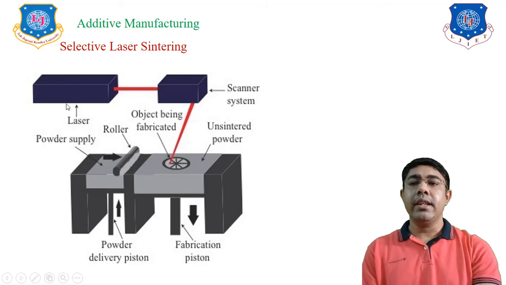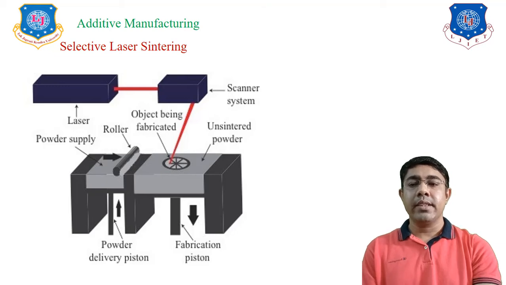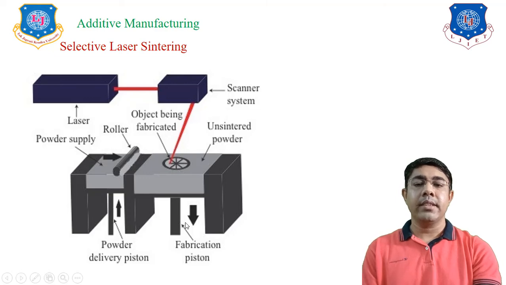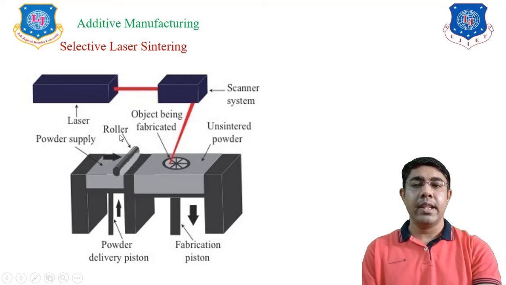component. And here a laser is used to sinter the powder particles. The powder delivery piston moves upward according to the layer thickness. Once the layer thickness is decided, or the slicing of the component is done according to the cross sectional thickness, the powder delivery system moves up, and the fabrication piston is set accordingly, and the powder is compressed by the hot rollers.